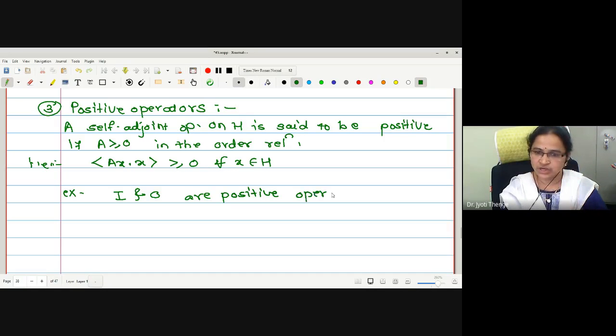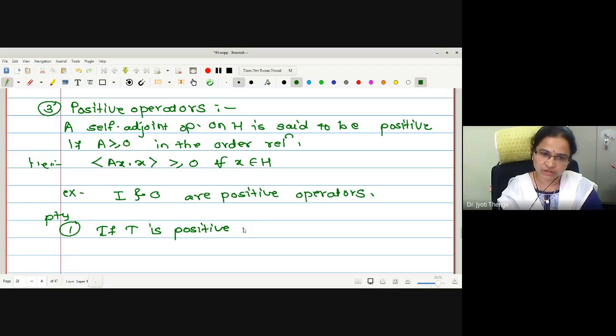Okay, now let us go for the properties. Number 1: if T is a positive operator, then I plus T is non-singular.